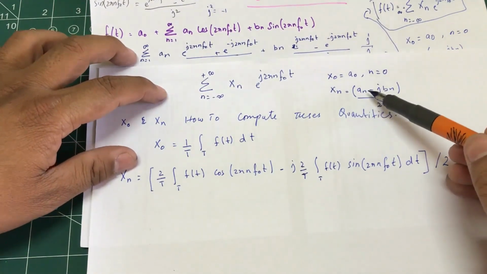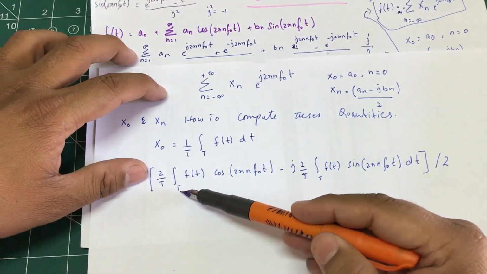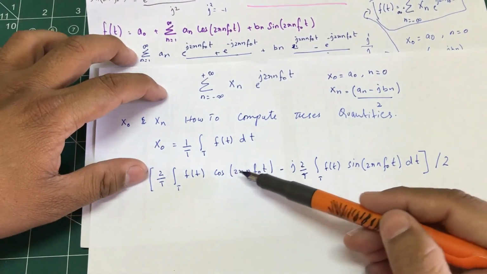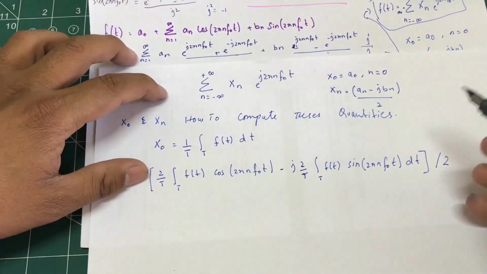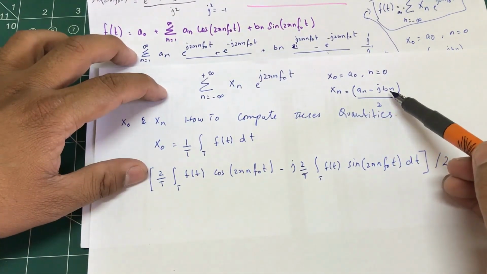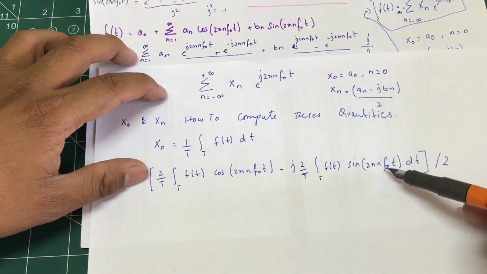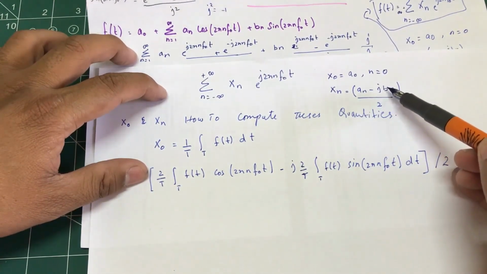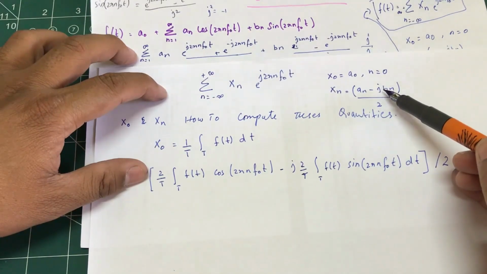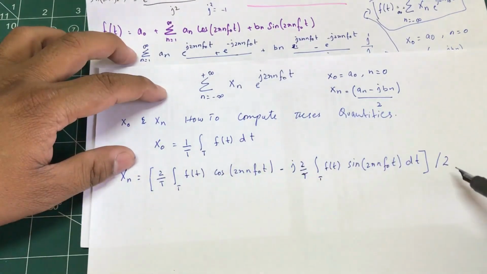So this is your an term, which is 2 over T integration with respect to period f of t times cos of 2 pi n f0 t. Because cos is a symmetric function, an and a minus n are the same thing. While bn is 2 over T integration f of t sine 2 pi n f naught t dt, and j is coming from here, and 2 is the division, which is dividing the whole thing.